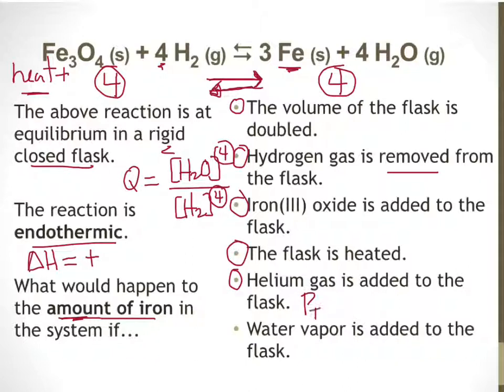The total pressure would equal the pressure of the hydrogen plus the pressure of the water vapor, and now we've added some helium, so plus the pressure of helium. So notice the total pressure does go up, but the added helium does nothing to the pressure of hydrogen or the pressure of water. Therefore, it has no effect on the equilibrium, and therefore no change in iron.